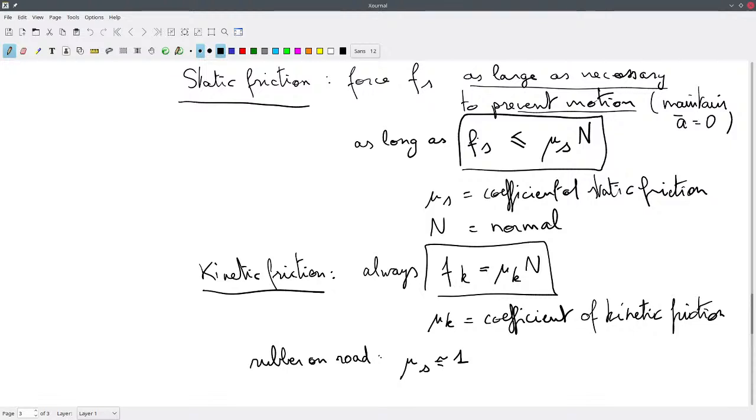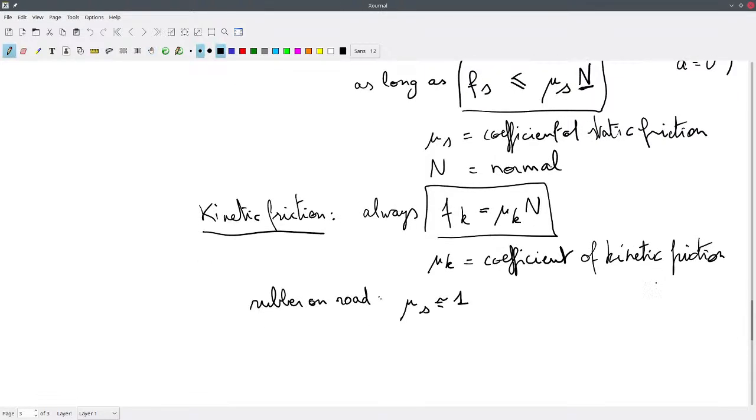So the force of static friction on a car is approximately equal to the magnitude of the normal force of the car. Given the weight of the car, you can of course calculate what that force of friction will be. So that's a large amount of friction.